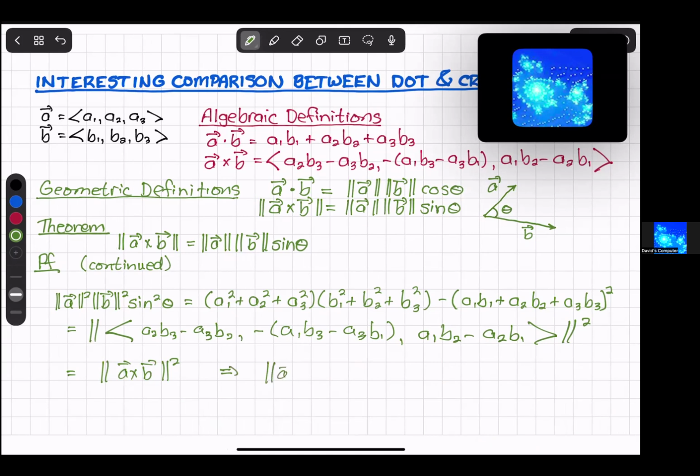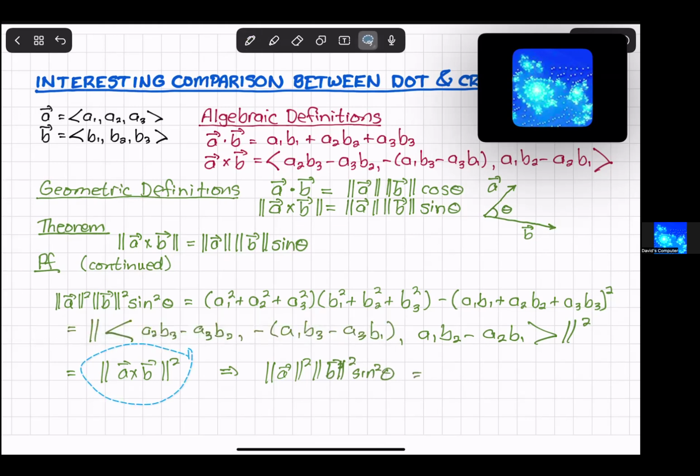So mag A squared, mag B squared, sine squared theta is equal to mag A cross B squared, taking the square root of both sides.